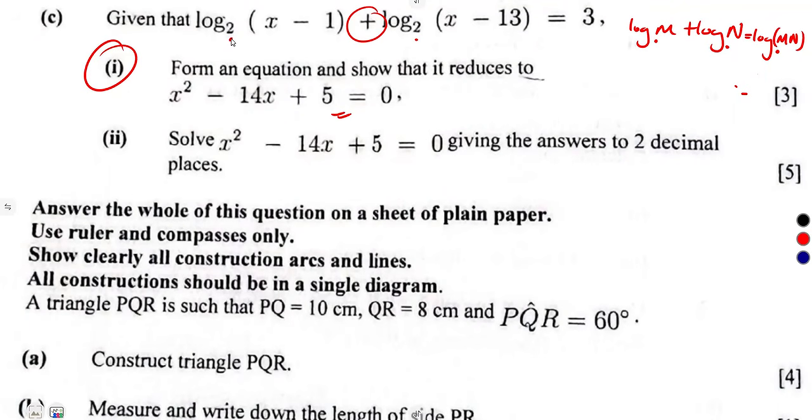So this is what is happening here. This is the base of 2 addition. So you simply multiply x minus 1 and x minus 13 under the base of 2. So that is equal to 3.